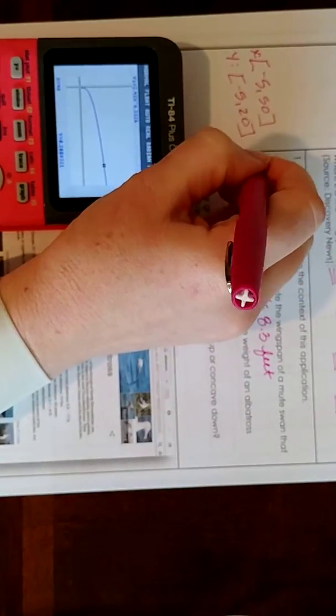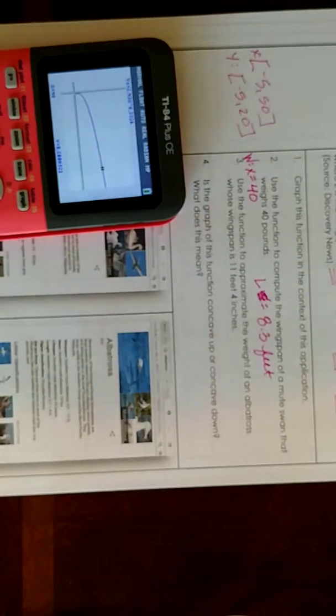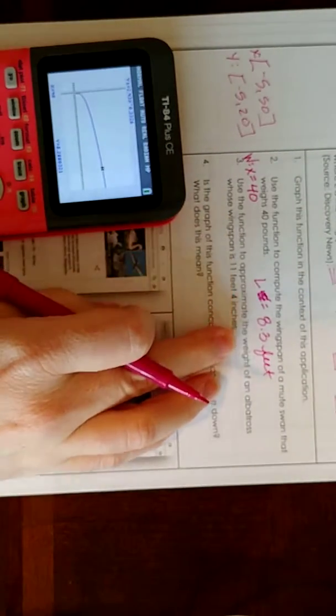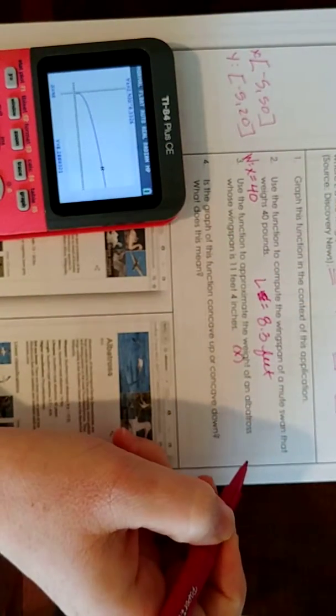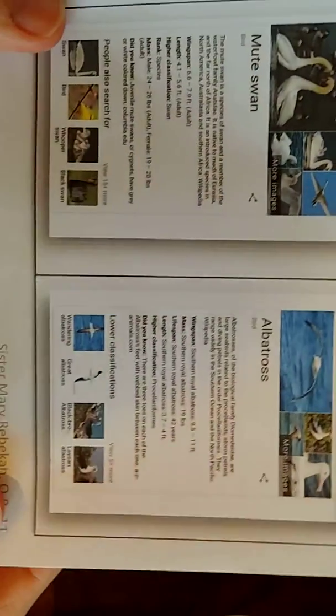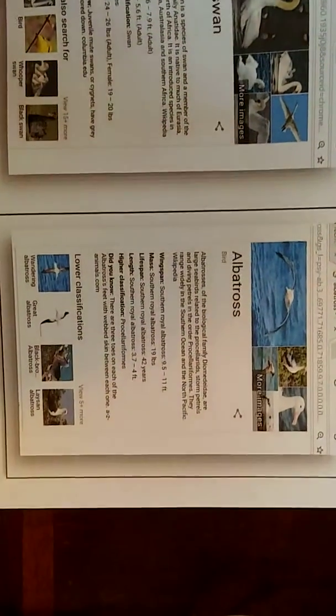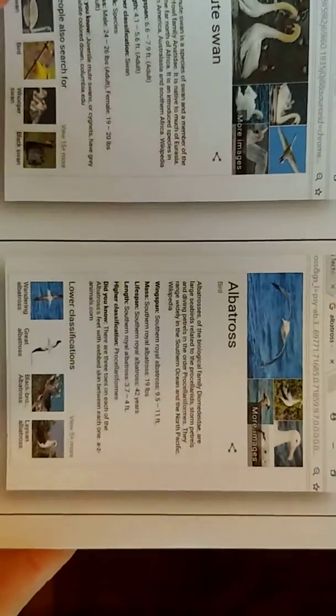This is my W. All right, now we're going to use the function to approximate the weight. So what I need to know is the weight, that's my x, of an albatross. If you're curious about albatross, I cut and pasted from Wikipedia, the official source of all things science, down at the bottom here.